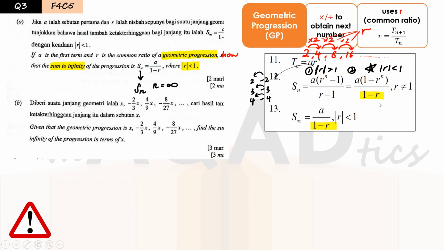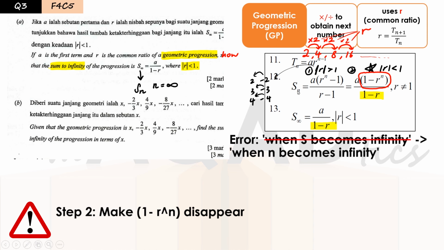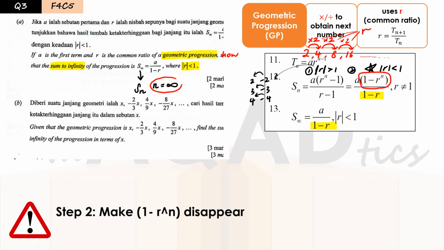Alright, so now we need to see what the differences are between these two and how from this formula will become this formula. The main difference is only one, which is the thing inside the bracket here disappears, right? So we need to see how r to the power of n changes when n becomes infinity, because just now we mentioned that S infinity is a special case of Sn.